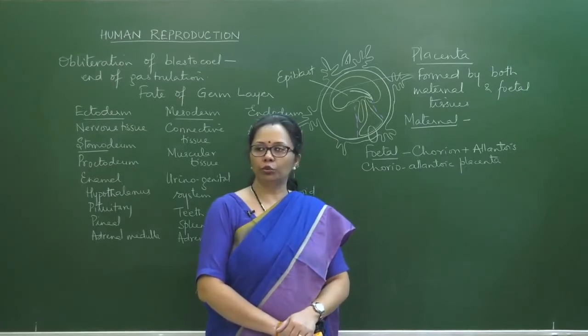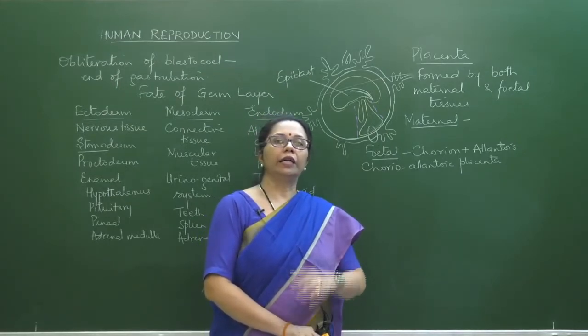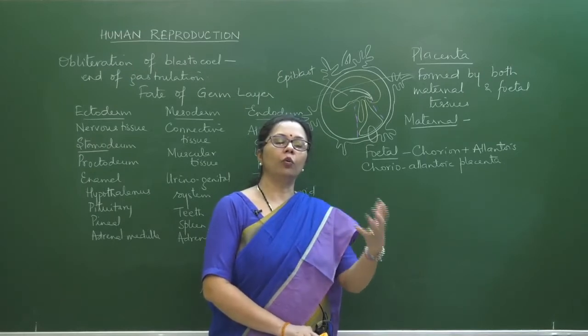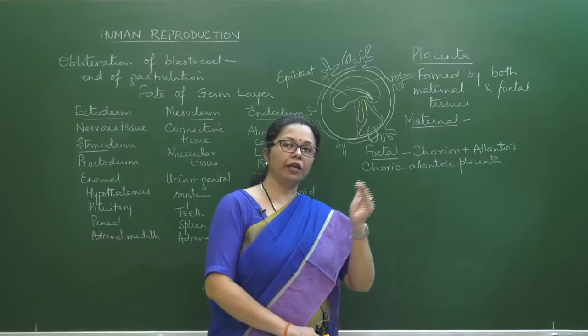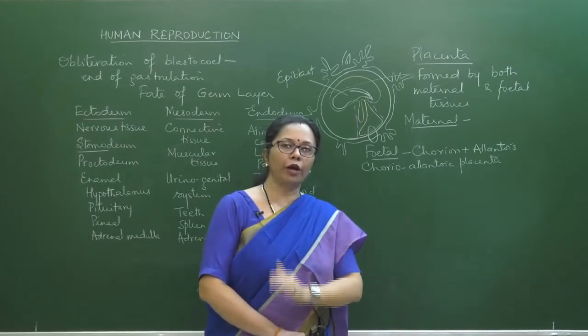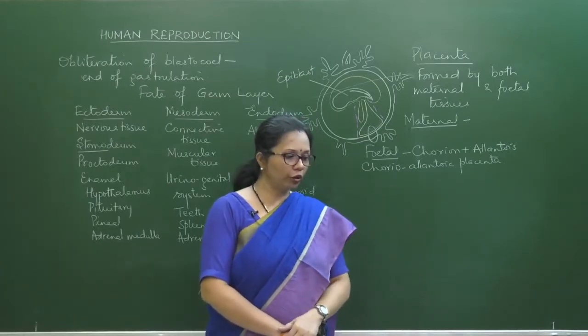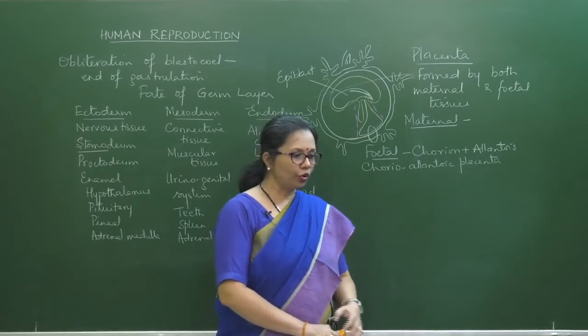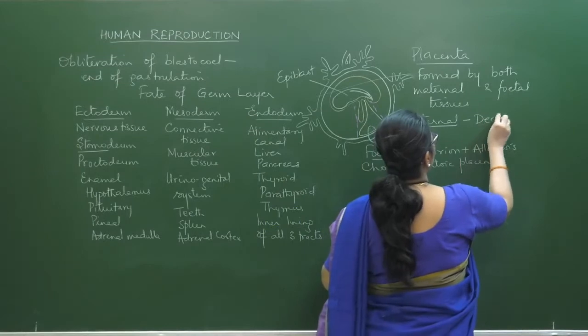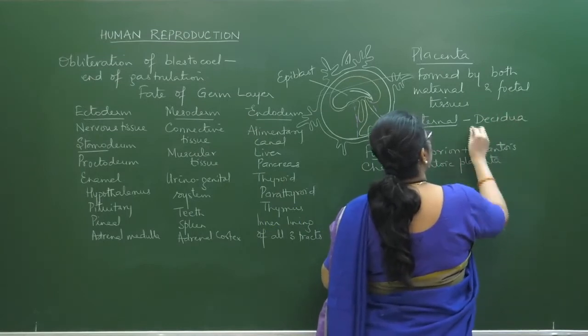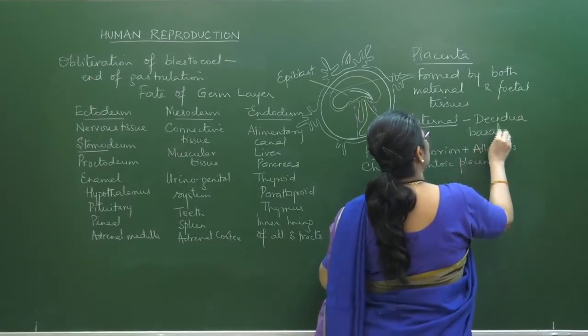Endometrium is termed decidua, and the part of the decidua which is separating the embryo from the myometrium, that is called decidua basalis. So nobody gave that answer. Okay, the answer should be from the maternal side, it is decidua basalis.